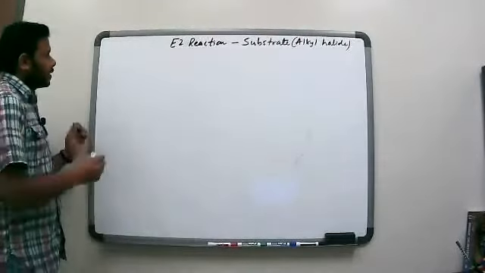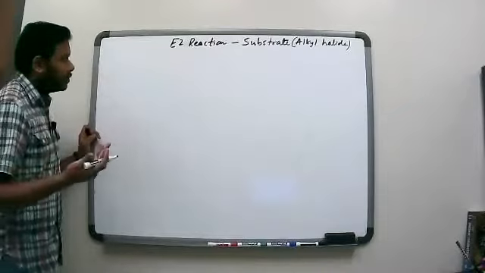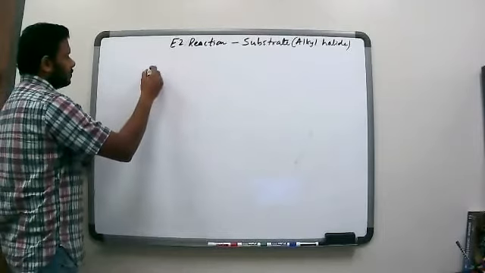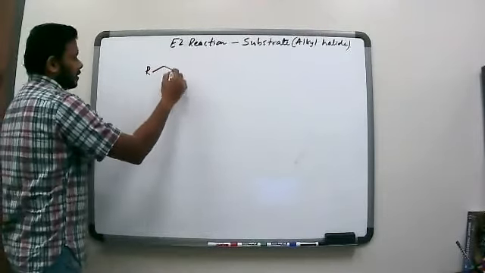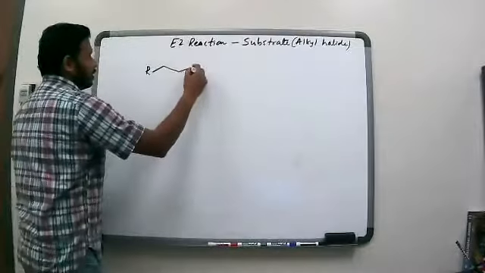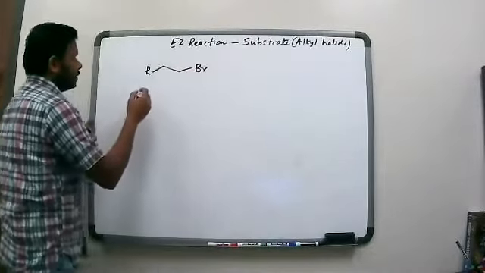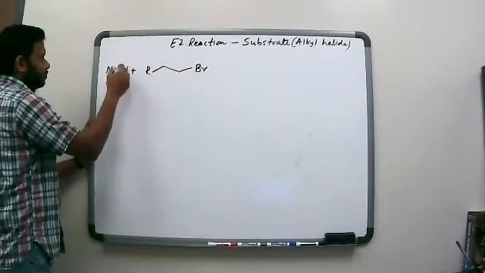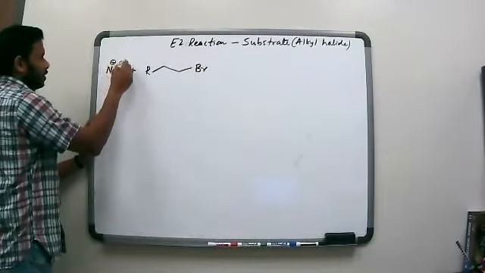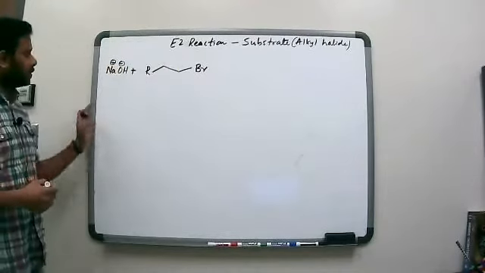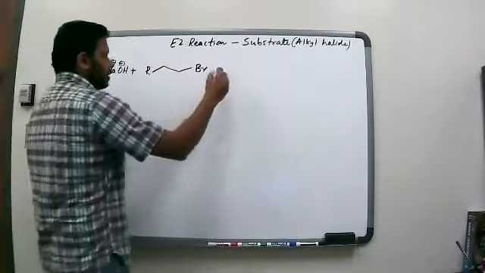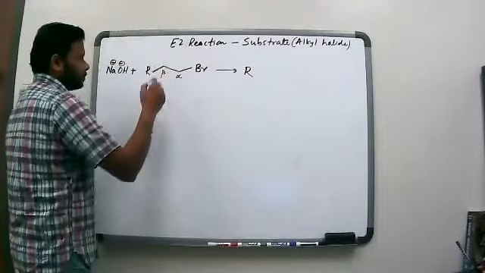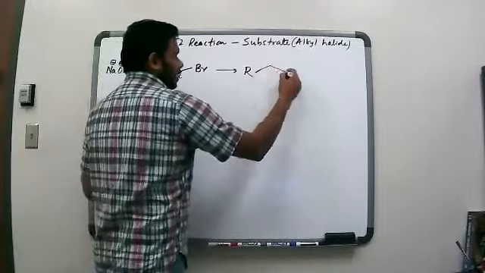Okay, so again, to give you an overview, an E2 reaction is where we have some alkyl halide which reacts with a base, and I'm going to pick maybe sodium hydroxide as the base here. What we get out of this reaction is an alkene.